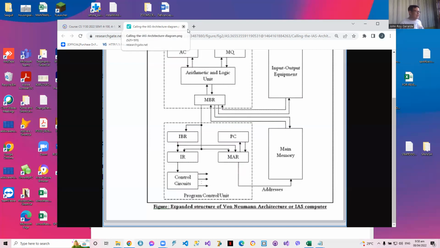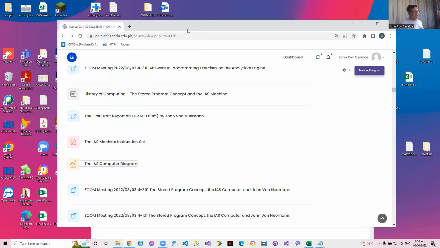Another competing architecture during that time was EDVAC. EDVAC and IAS were both released in 1951. IAS was released slightly ahead of EDVAC. During that time, Eckert and Mauchly from Penn State wanted to get a patent for ENIAC.